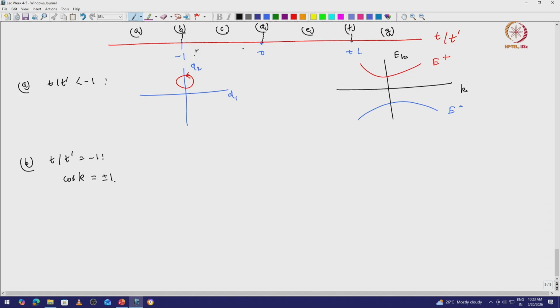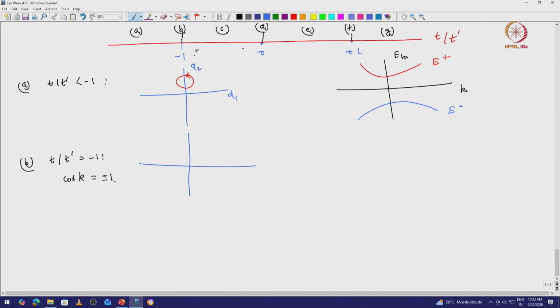Right. So, it will go to 0. I am making a mistake here.